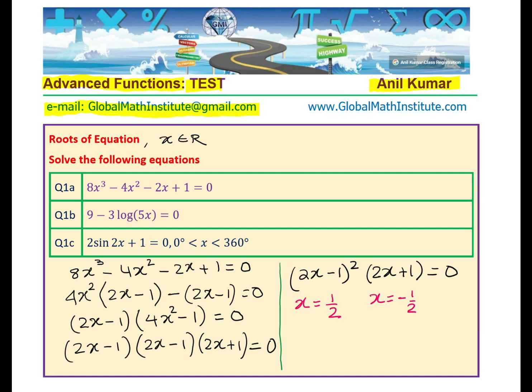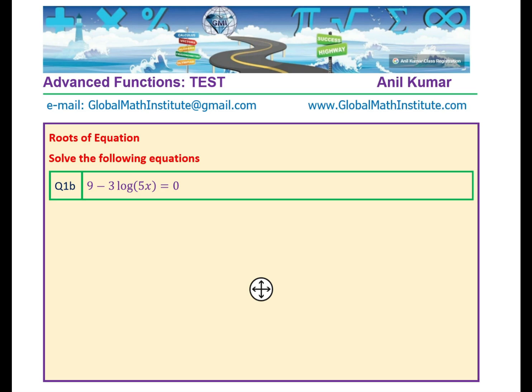Let's move on and take up part B of this particular question, which is a logarithmic equation. So we can write down 9 minus 3 log of 5x equals 0.